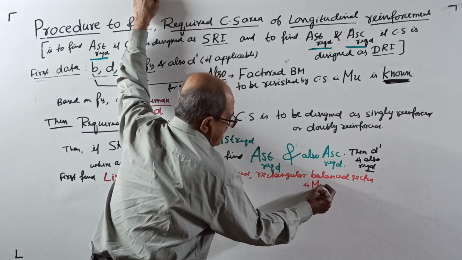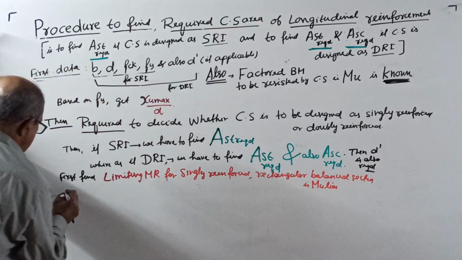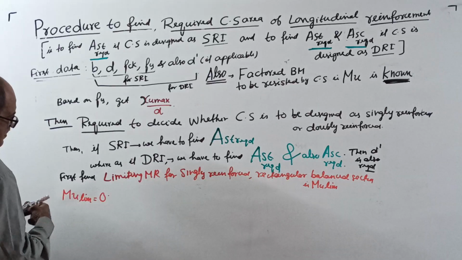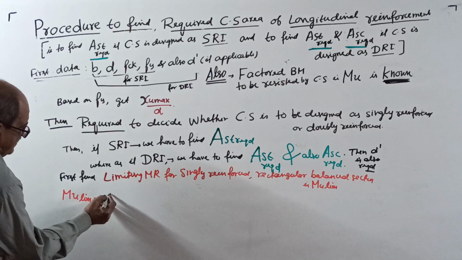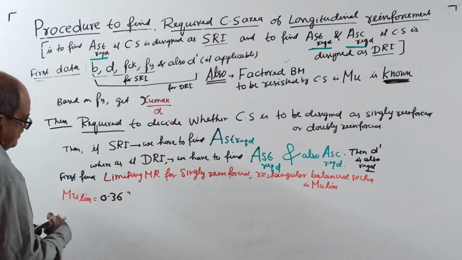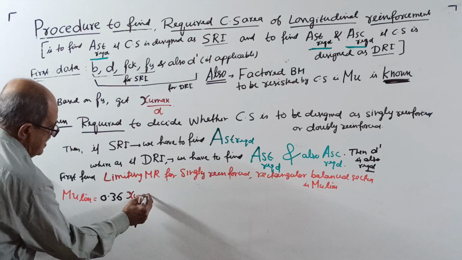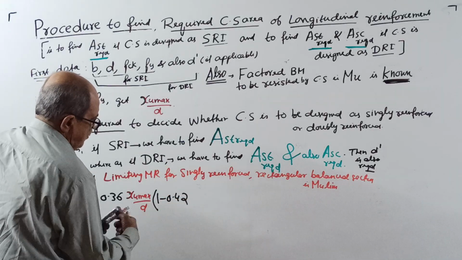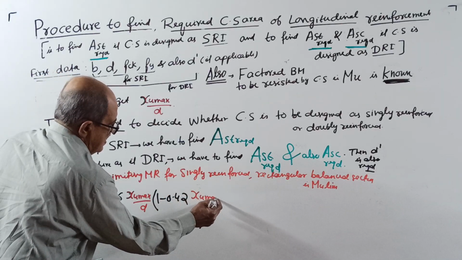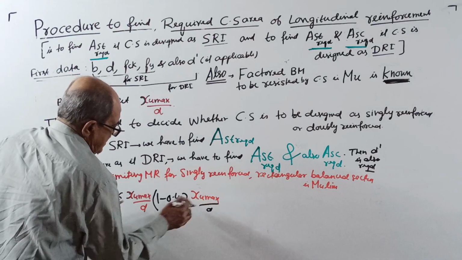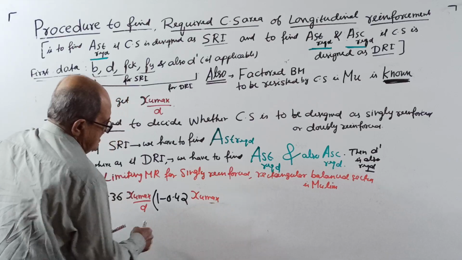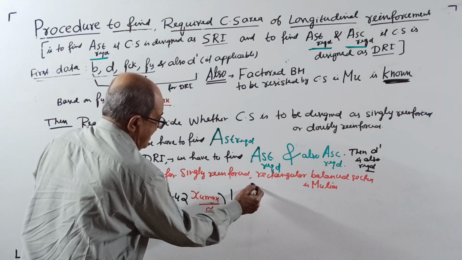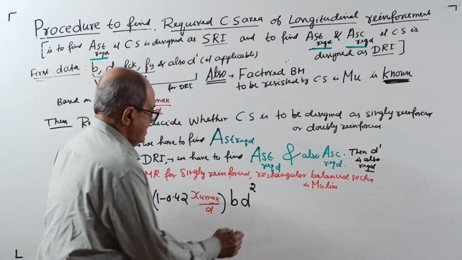That is MU limit. Right, formula. MU limit equal to 0.36 into XU max by D into bracket 1 minus 0.42 into XU max by D, into B into D square into FCK.